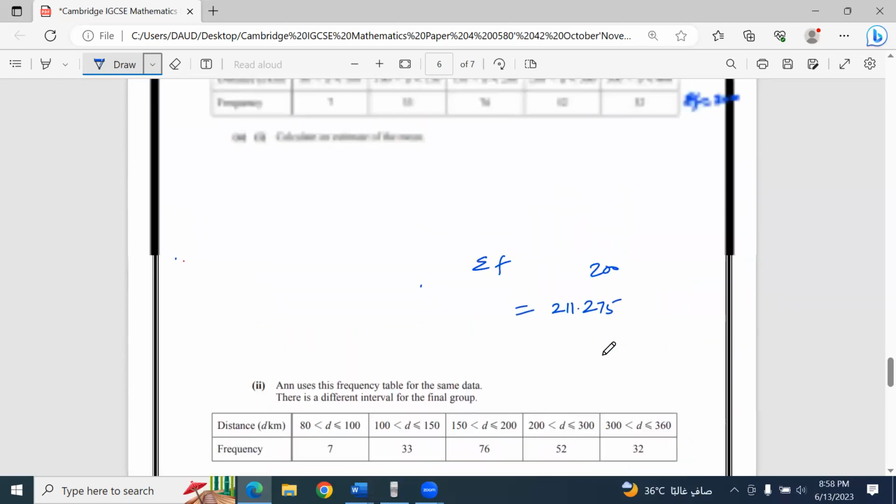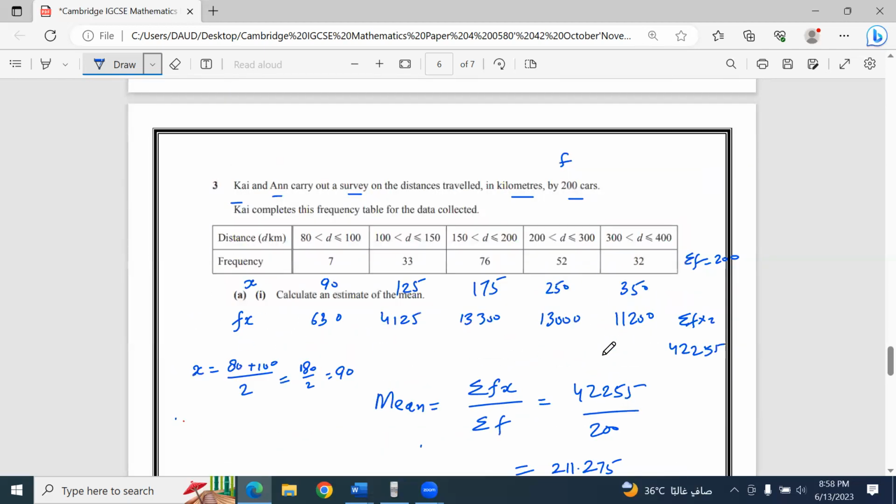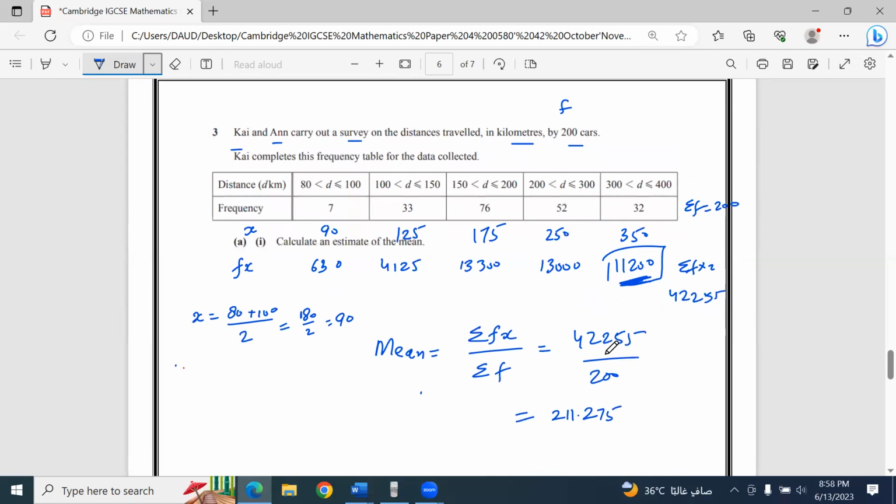And if you check the last interval value of fx of Chi's table, that is 11,200. So I will find out the difference.